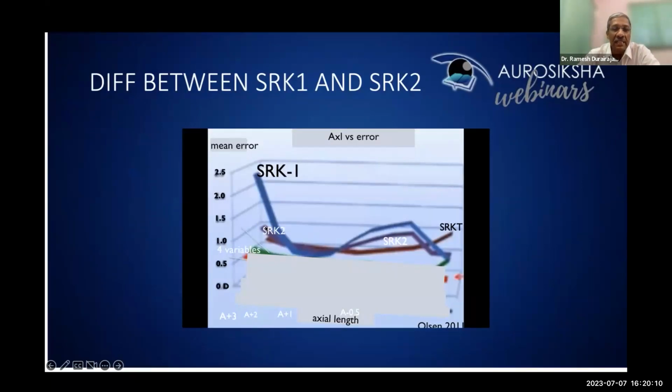Here we can see that the two lines, SRK2 and SRK/T, are almost the same. But in the longer eyes, SRK/T has a flatter curve compared to SRK2. This works well in Caucasian eyes.